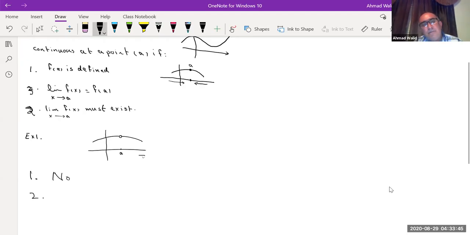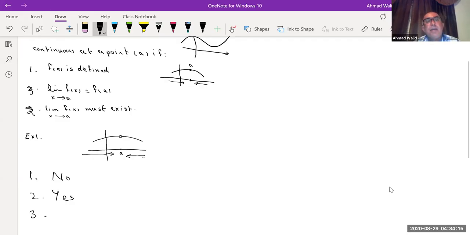If you come from the right and from the left to A, both of them go to the same point. Of course, there's a hole there, but remember the definition of the limit. It's not necessary to have that point. You are going really close to that point. It means test number 2 passes. You say, yes, the limit of f of x exists.